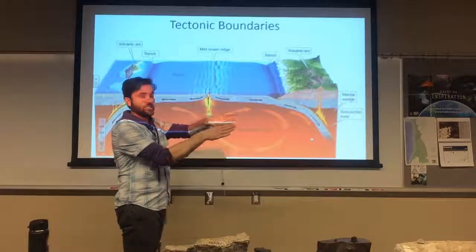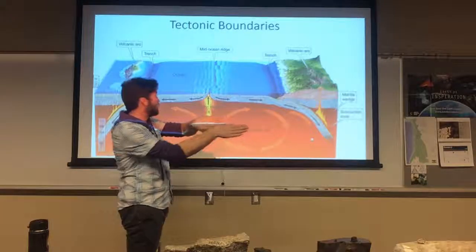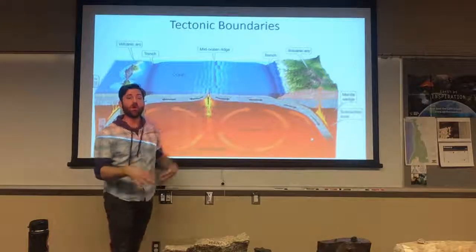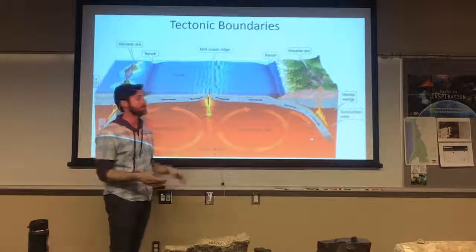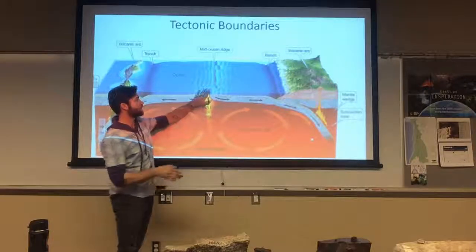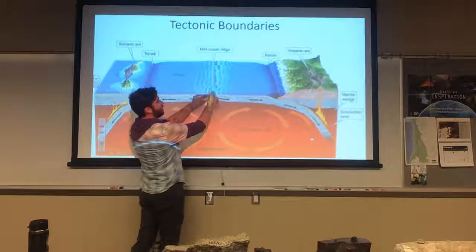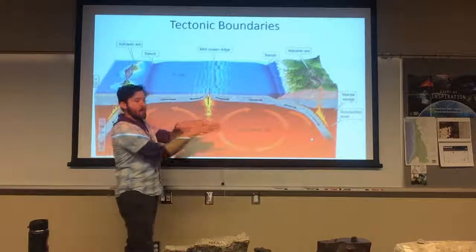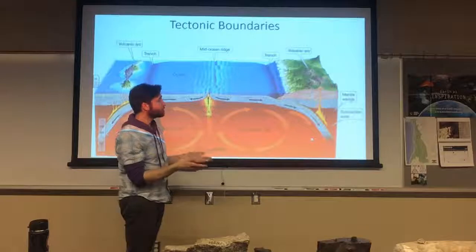That would be like a transform fault or a transform boundary, which can be shown right here. They're not all that common in the really large context, mostly here at the mid-ocean ridges, offsetting the rate at which this one is going that way and this one is going that way. Okay, so they're offsetting those rates a little bit.